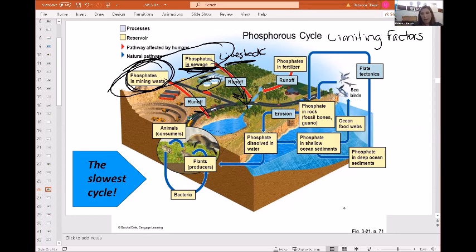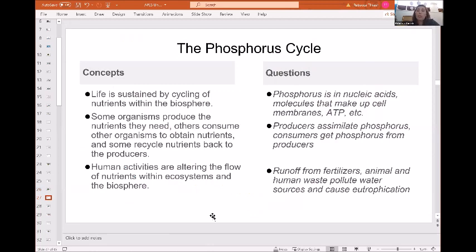The other aspect to remember here about phosphorus: there is no atmospheric component. This is also the slowest cycle. All right, so what do we need to know? Phosphorus, you need it because it makes up things like ATP, phospholipids, your DNA.